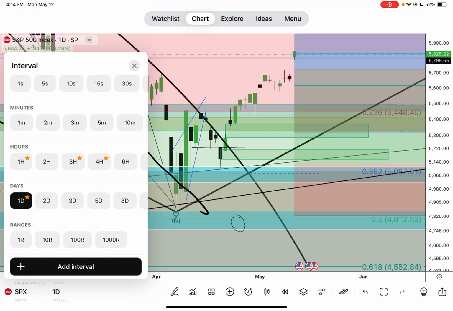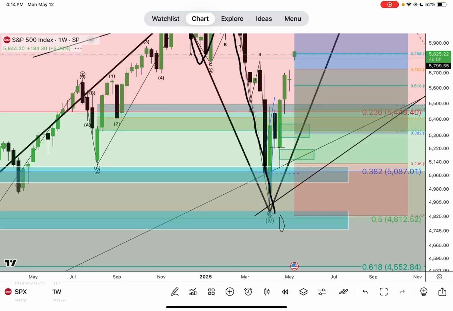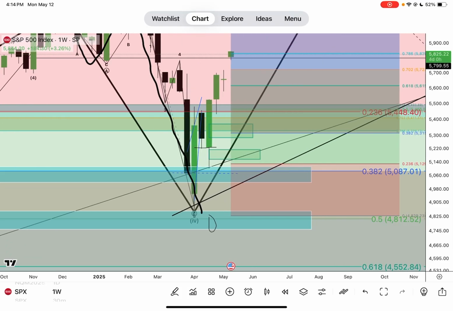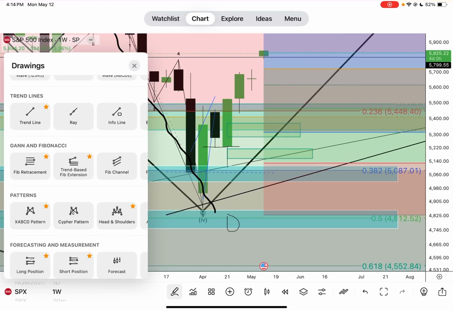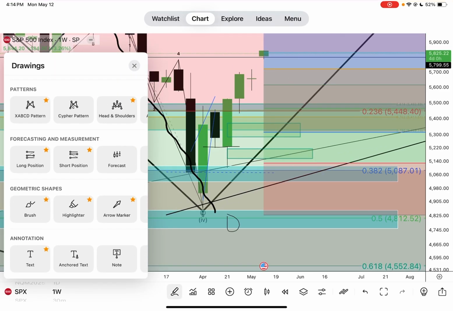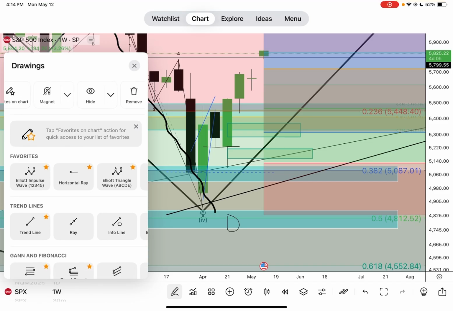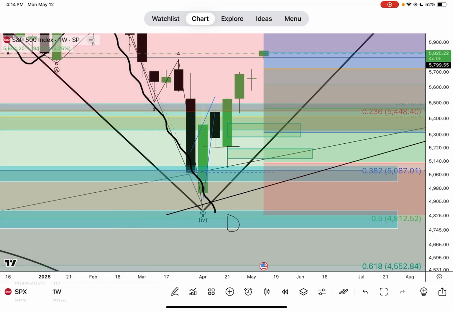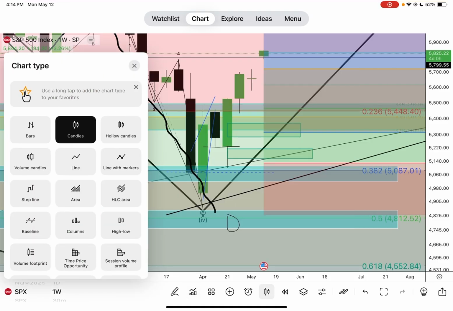Taking a look here on the weekly time frame, we did call the bottom on the S&P, or the reversal. This was the piercing line reversal candlestick, and you can see it's more significant when you take a look at the Heikin-Ashi candles.